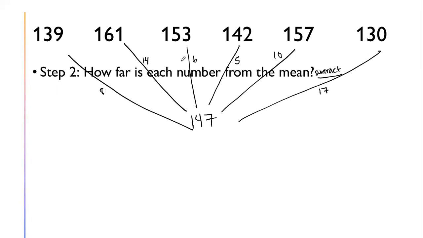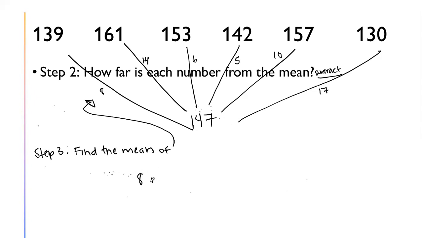My next step is to figure out how far each of these numbers on average is from the mean. Well, I'm just going to take the mean of these numbers that I found. So step 3, find the mean again, of all of these numbers right here.